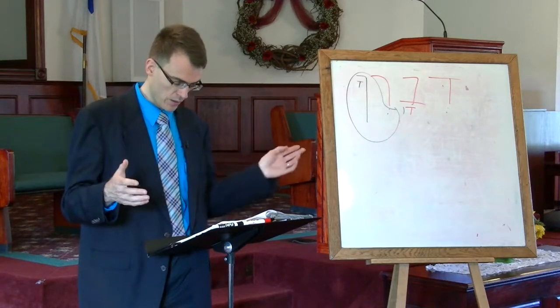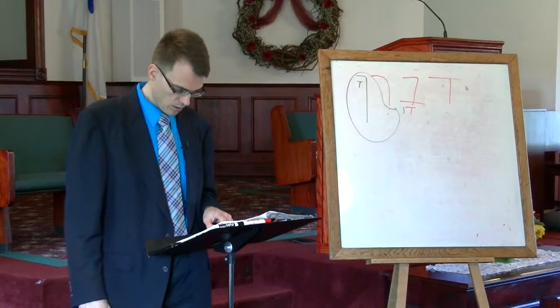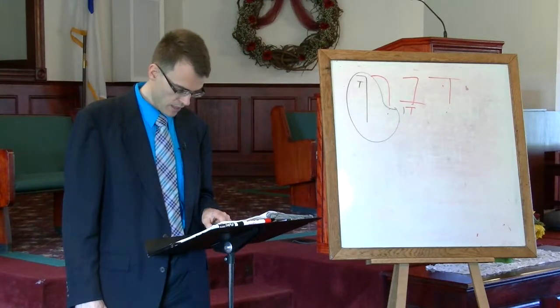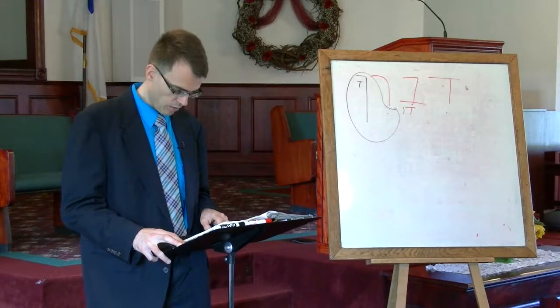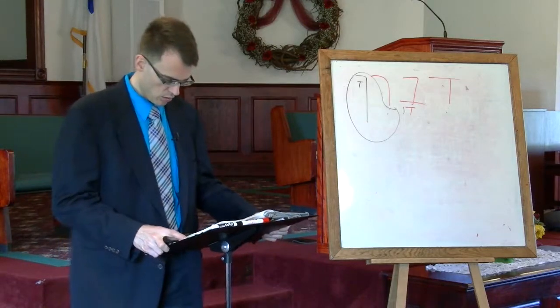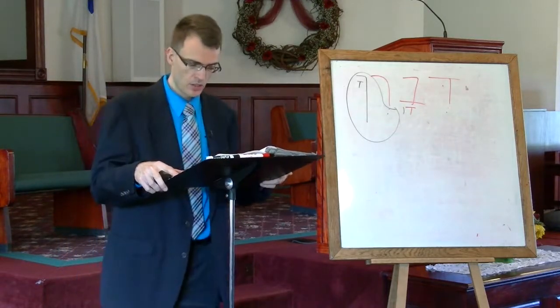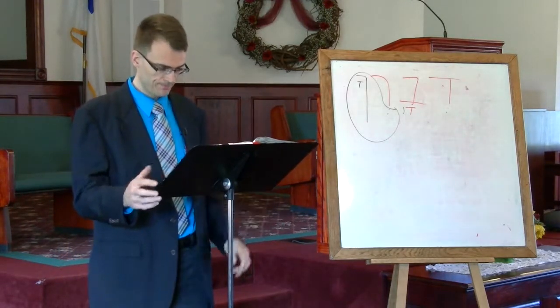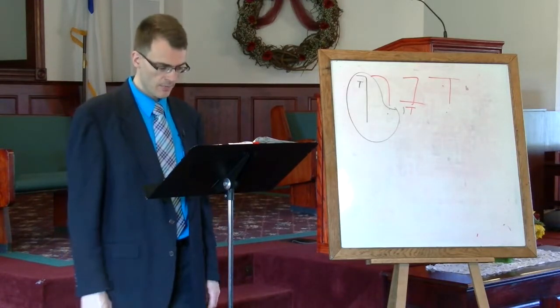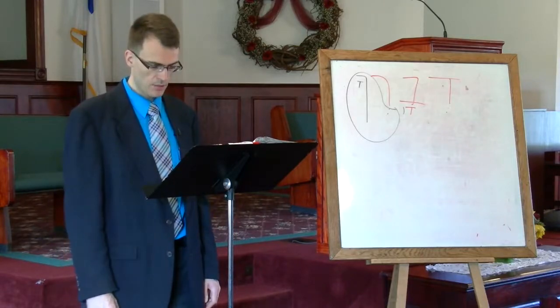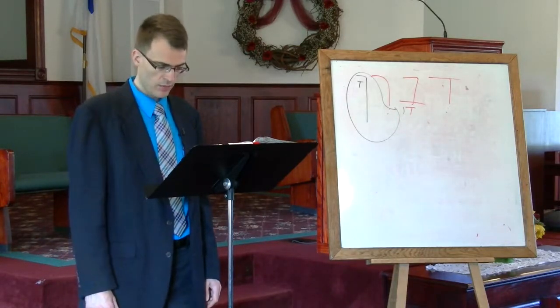It just stays there and you add the suffixes right on the oth. So torothai, torothekha, torothayik, torothav, torotheha, torothenu, torothekem, torothekhen, torothehem, torothehen. And then he says the suffix ahem is occasionally replaced by am, as in avotham for avotehem, their fathers.